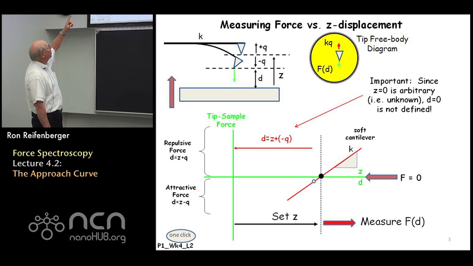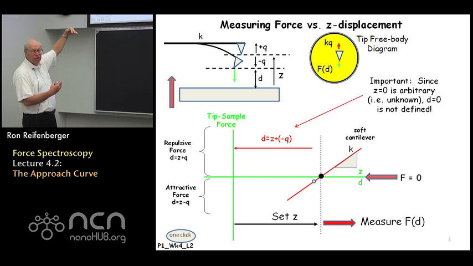If the tip is far from the substrate, there's no deflection of the cantilever, and the separation between the equilibrium position of the cantilever and the substrate is indicated by this parameter z. If you turn on the tip-sample force interaction, let's say that interaction force is attractive, then the cantilever is going to bend toward the substrate by an amount q.